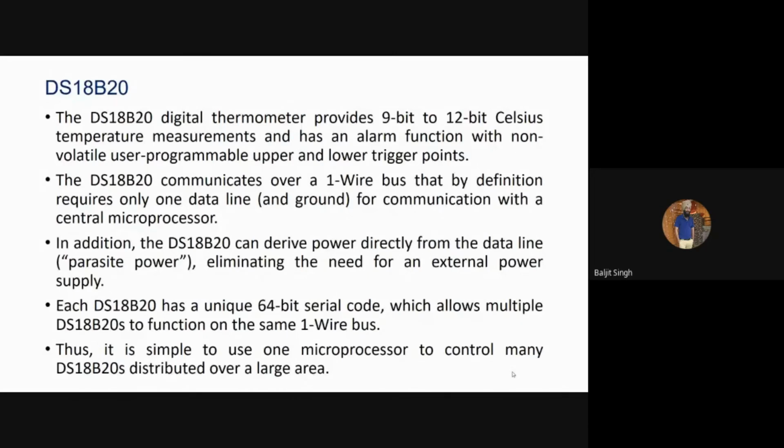You can designate that this sensor is placed at the first point, and then second, similarly like this. So geographically you can mark their locations, and then on the single line only you can get the temperature reading of all those 10,000 locations. It is simple to use one microprocessor to control many DS18B20 distributed over a large area.